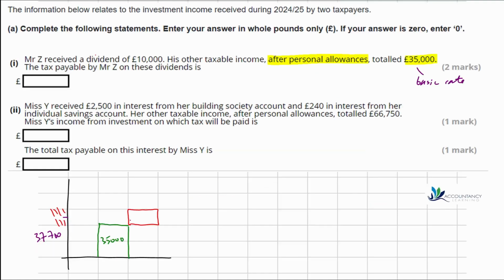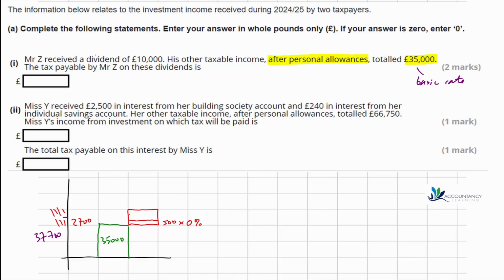So of that £10,000, 500 is part of the dividend allowance, and we will pay no tax on that at all. That's 500 of the spare 2,700 that's still in the basic rate band.